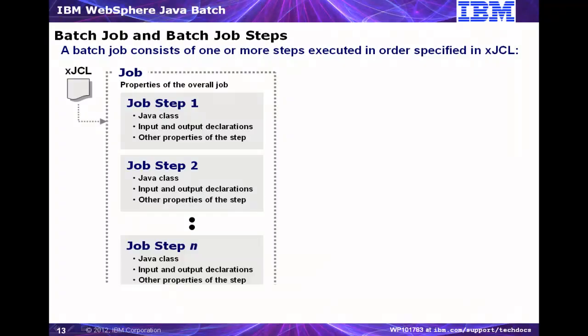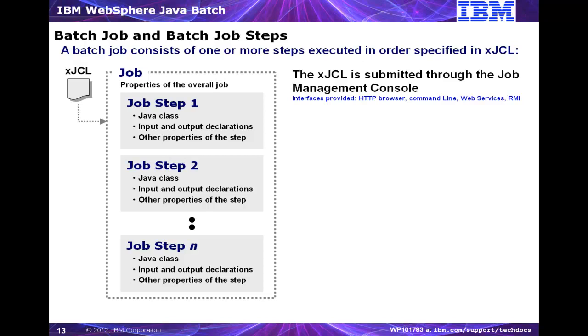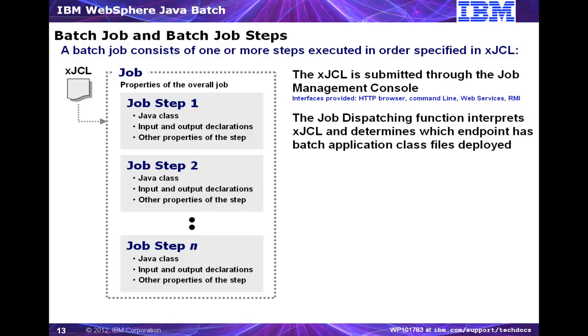A batch job consists of one or more job steps. The XJCL file describes the structure of the job, including job level properties as well as the specifics of each step contained in the job. The XJCL is submitted to the job dispatching function through one of the interfaces, such as the browser-based job management console. The job dispatching function interprets the XJCL and then begins the process of invoking and managing the jobs and its steps.